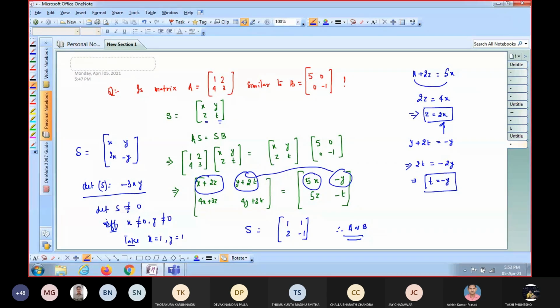Later on, there are lots of things with similar matrices. First of all, you have to be very careful about its role in change of basis, because from change of basis the idea of similarity will arise. And the second role of this is in diagonalization. You know how to diagonalize a matrix: S inverse AS is equal to lambda.